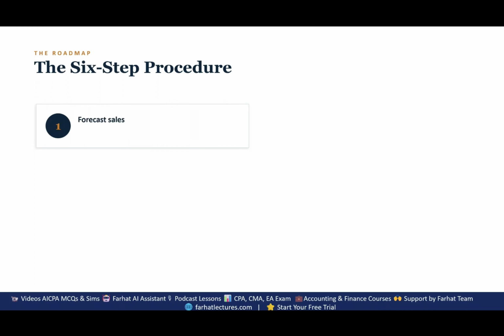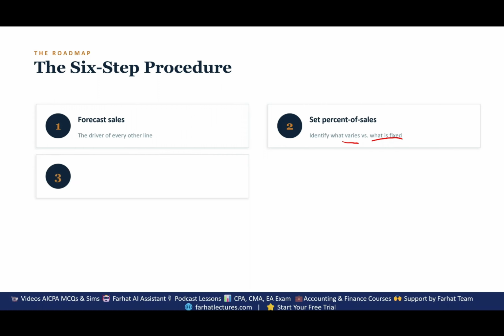We're going to have to forecast sales, because sales will be the driver for everything else. Then we are going to set percent of sales and determine which accounts vary and which accounts stay fixed. Again, we talked about the accounts that vary, which are the operating accounts. And once we figure out net income, we're going to add net income minus the dividend to retained earnings, to compute the new retained earnings.